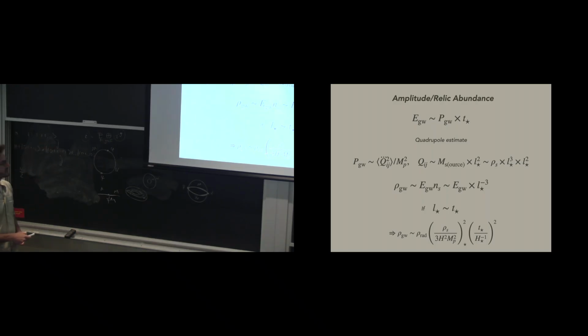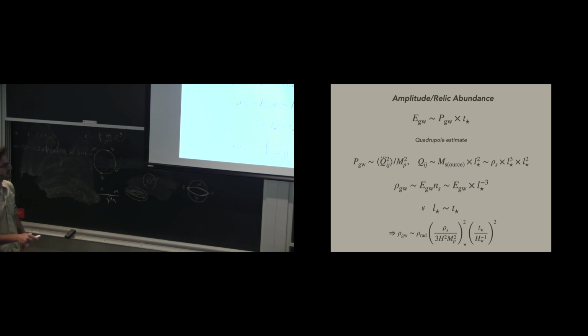So this rho s here is the energy density in the source, and this is the energy density of the background. So the amount of gravitational waves compared to radiation at the time of emission is suppressed by the fraction squared. And then it's also suppressed further by the timescale compared to Hubble squared.